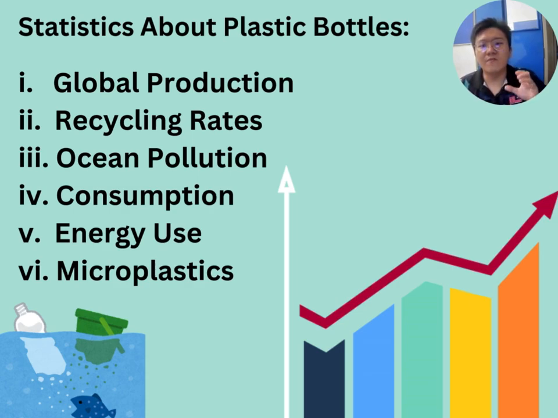Producing plastic bottles for US consumption uses about 17 million barrels of oil annually, enough to fuel 1.3 million cars for a year. And the last one is microplastic. Studies show humans consume approximately 5 grams of microplastic each week, equivalent to a credit card, partly due to plastic bottle degradation.